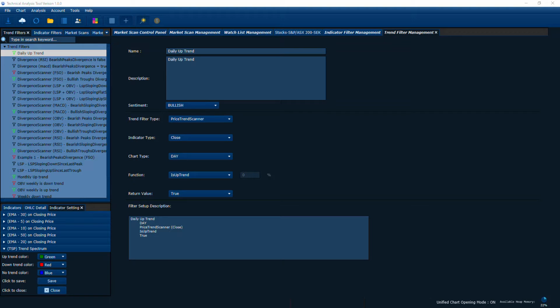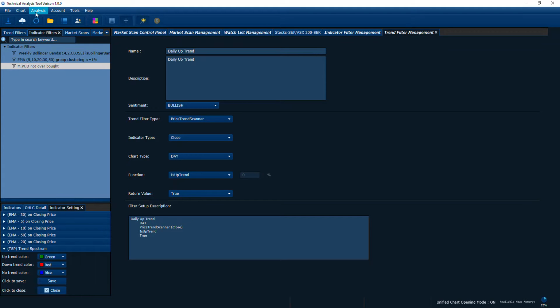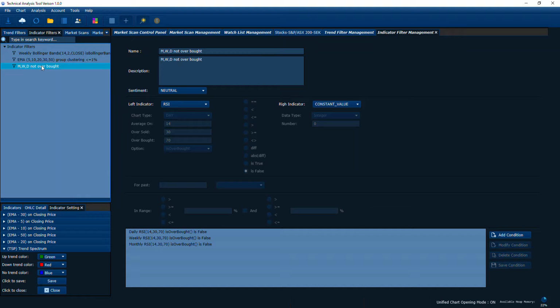Okay, now let's move on to the indicator filter management. In order to open the indicator filter management, you go into the analysis menu group and click the first one, indicator filter management. Because in our indicator filters we can place a group of conditions together, let's take a look at those here.